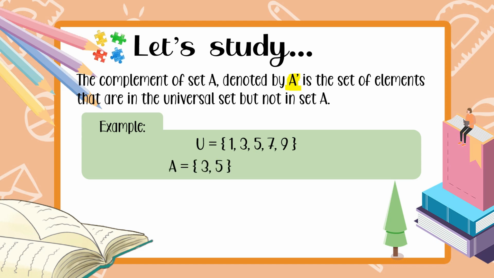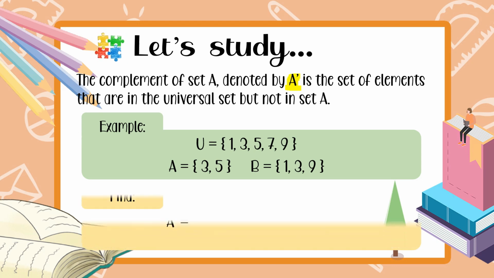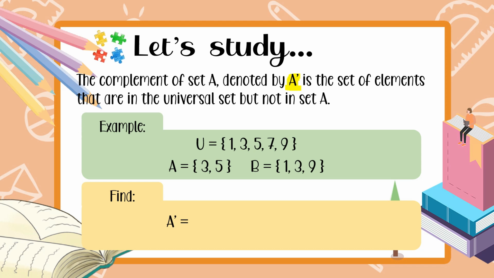Then, we have here set A, we have 3, 5, yung elements niya. And then, we have here set B, 1, 3, 9 ang elements. Now, let us find the A prime or the set of elements na wala kay A pero nasa universal set. Tingnan natin yung universal set.